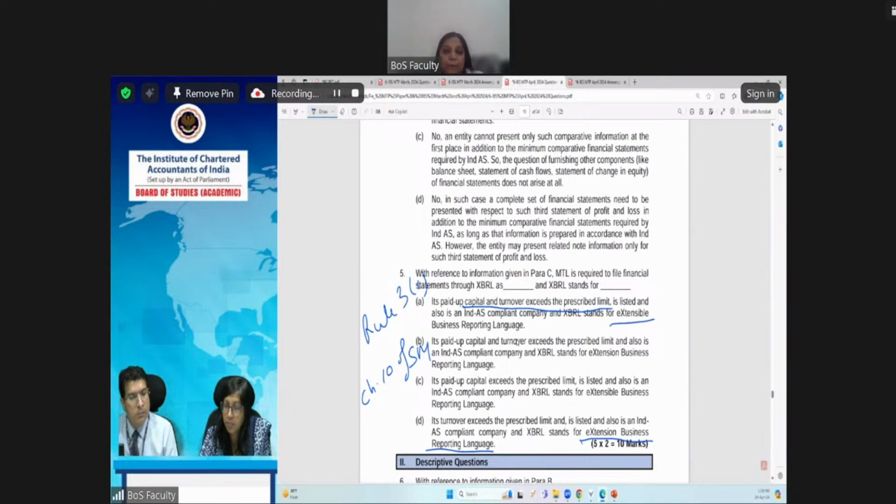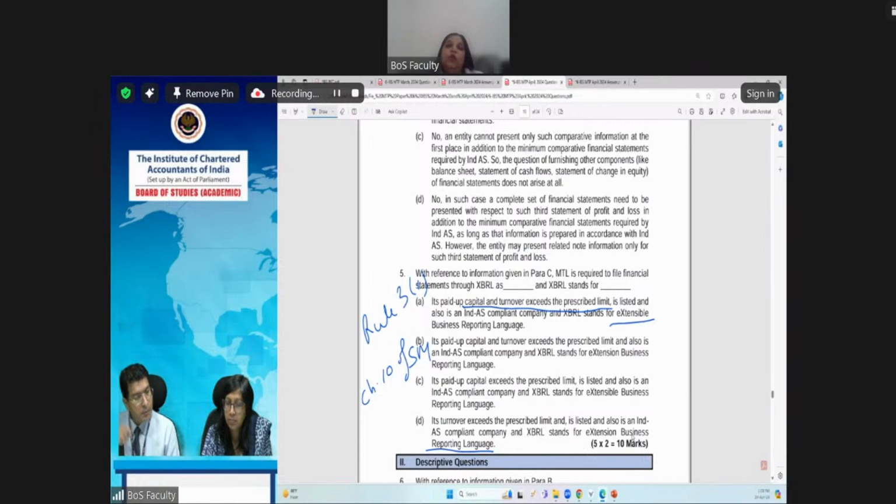If you see option B, it says extension. Option D, it says XBRL stands for extension. So B and D automatically get out of it. Now we were left with option A and C. I have already told you that option A is correct, but students still can get confused between option A and C. Option C says its paid up capital exceeds.